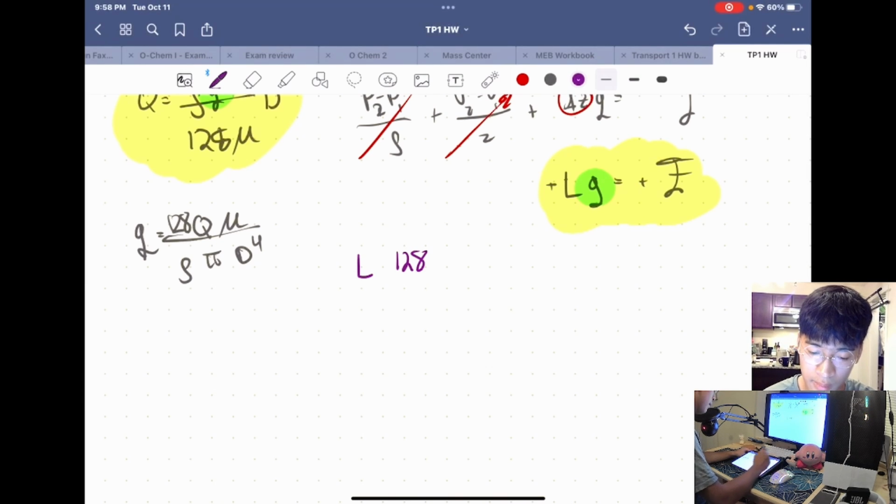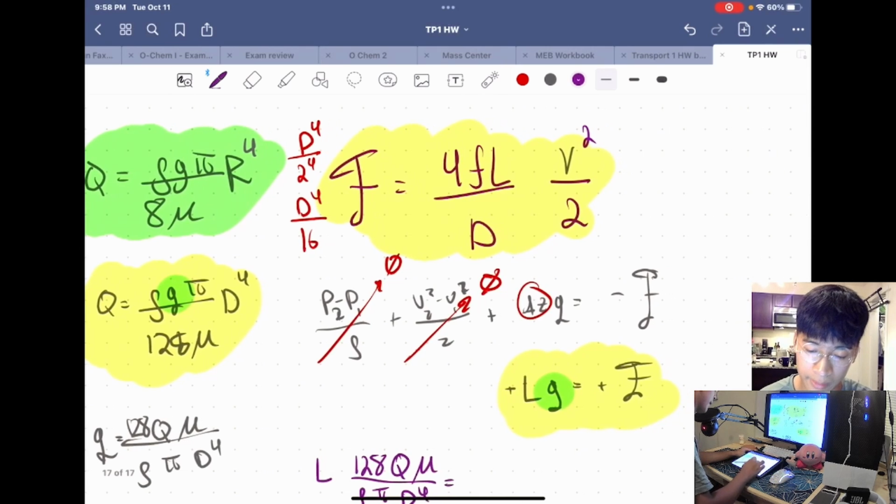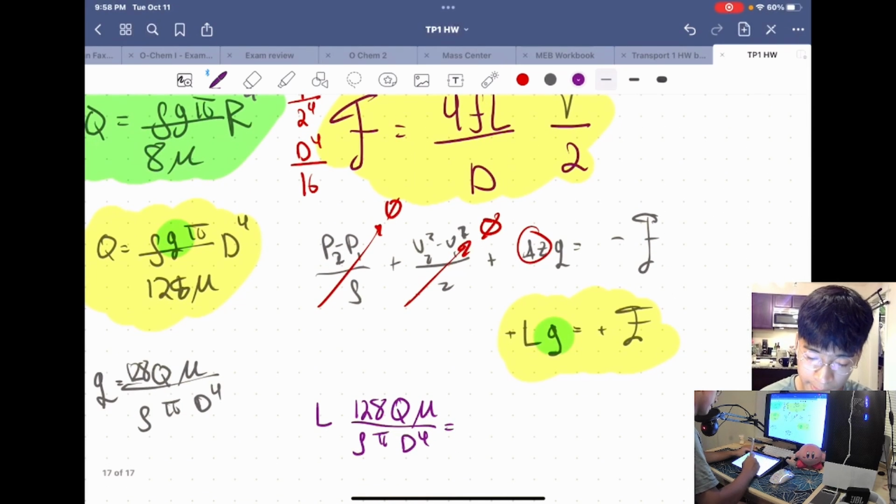128 Q times mu over rho pi d to the 4th equals the frictional heating factor, which is equal to that expression up there. So we have 2 fanning friction factor over L over D multiplied by velocity.